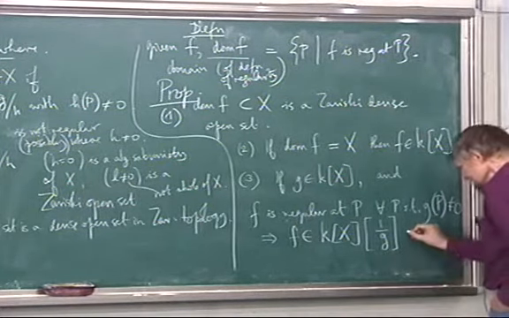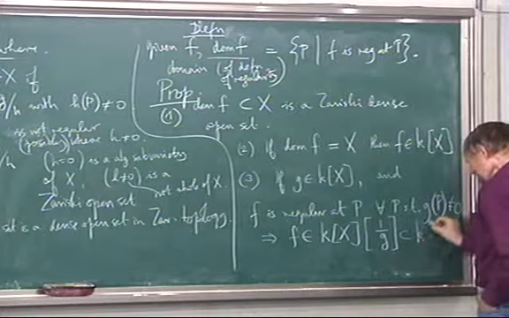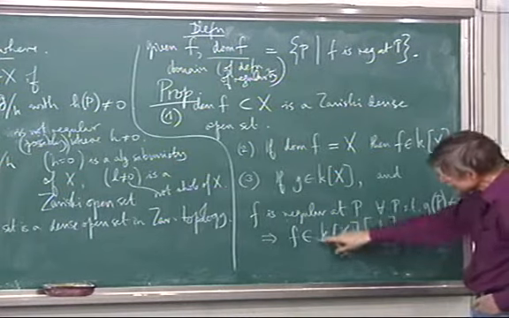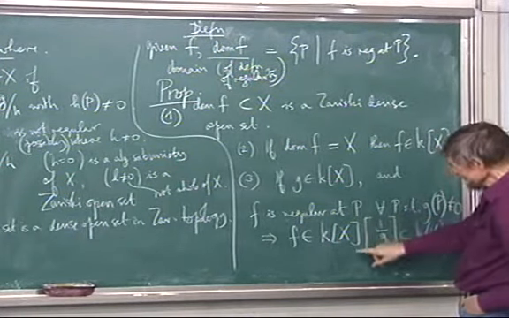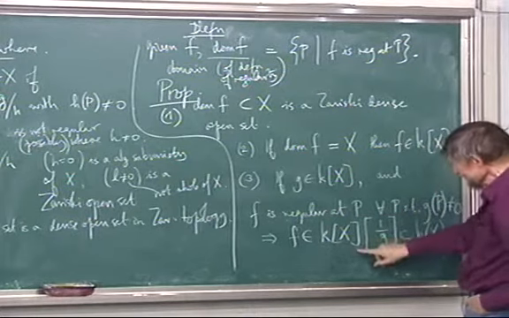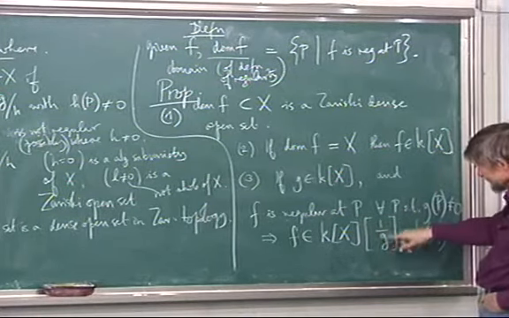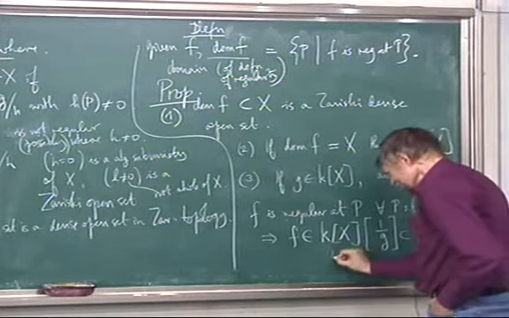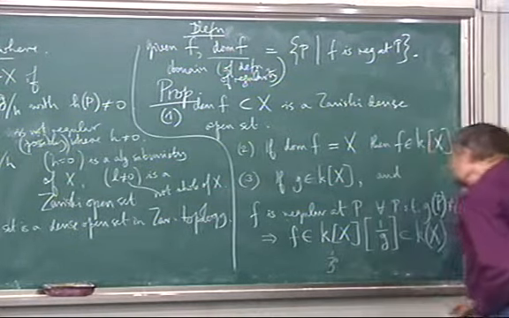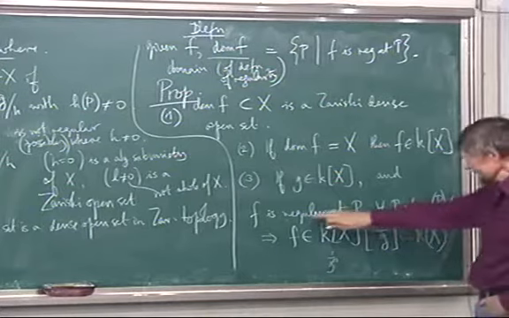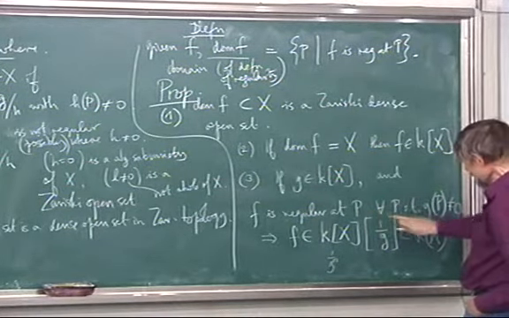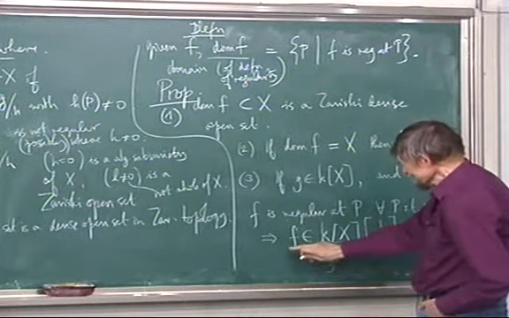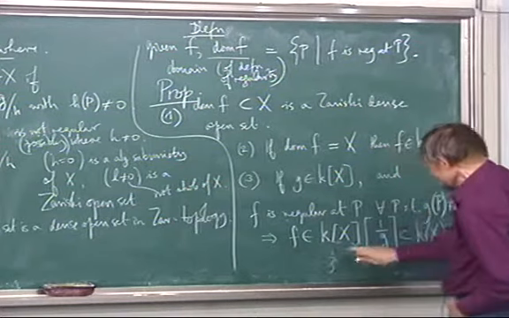This is the ring generated by the coordinate ring K of X and this one element 1 over g. So I can take polynomial combinations of it; in particular, I can take 1 over g to the power of n. So the statement here is that if f is regular at P whenever g of P is not 0, then g to some large power times f is actually regular.